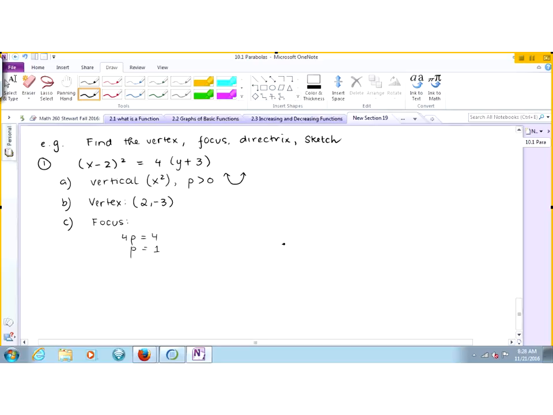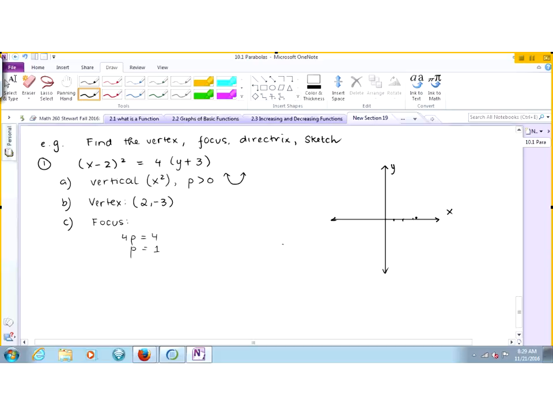This is the place where we start with our rough sketch, because we don't want to memorize the formula, 4p plus h or 4p minus y, something like that. I don't even know what the formula is. When we know p and the vertex, this is where we start sketching.